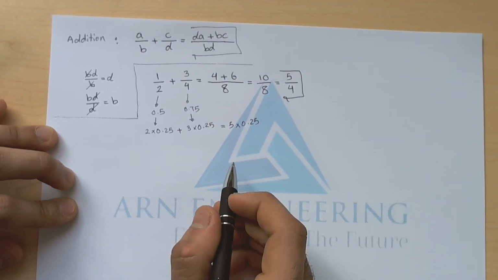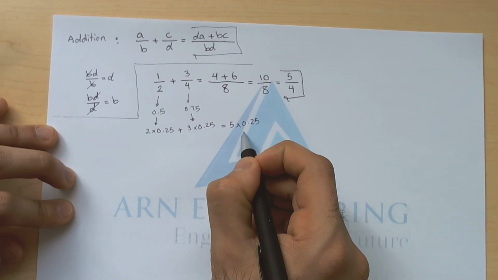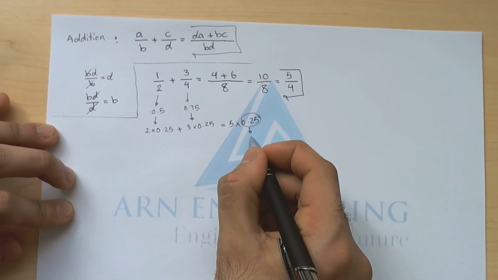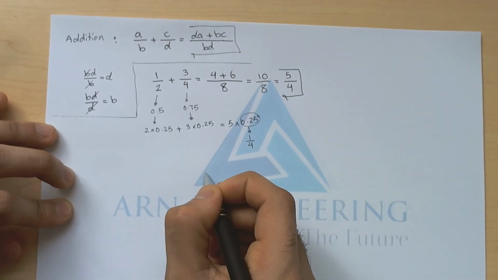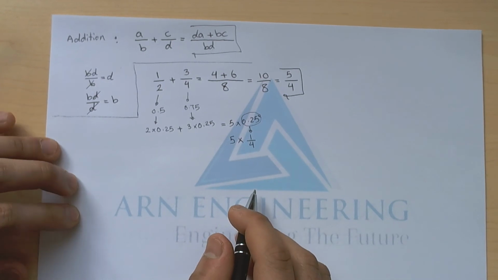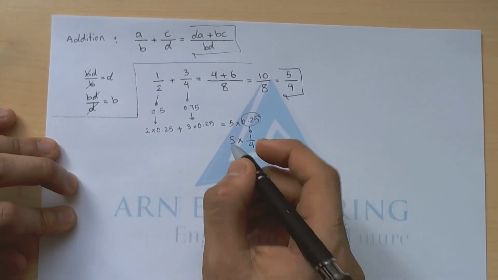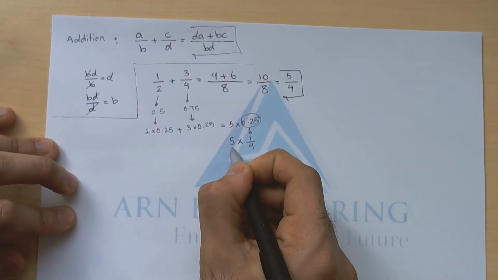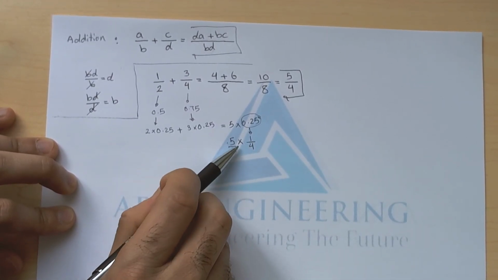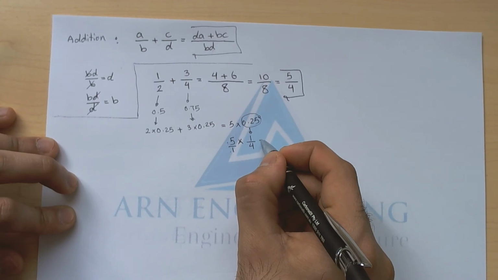Now let's go back to our fraction mode. What's a quarter in a fraction mode? It's basically 1 over 4. So all we're writing here is 5 times 1 over 4. Now, do you remember multiplication? 5 is basically 5 over 1. So we're saying 5 over 1 times 1 over 4.